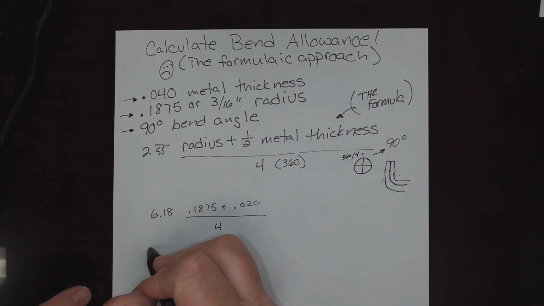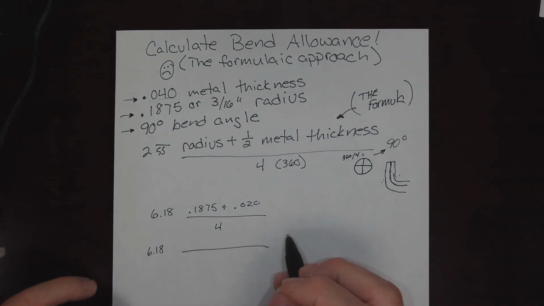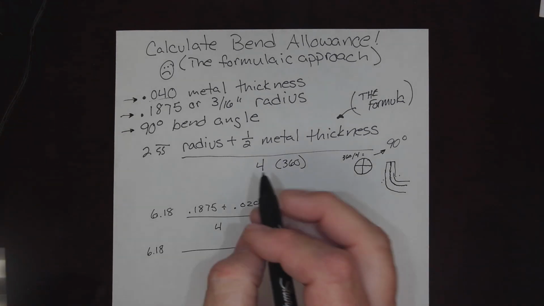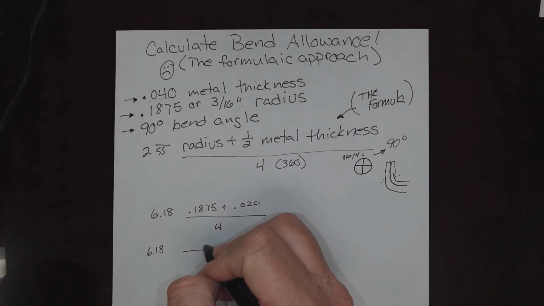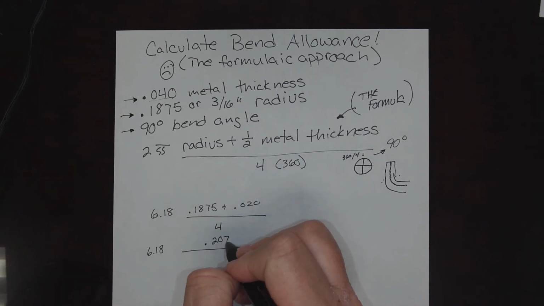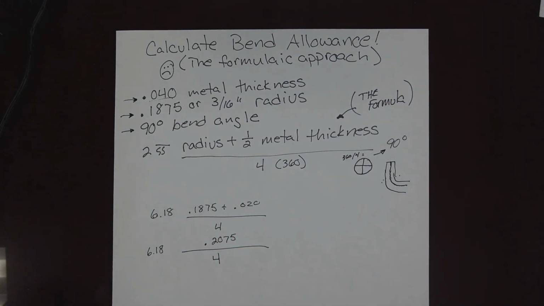So if we drop down and start cleaning this thing up, let's see, 0.1875, you do the math, stop as you need to, plus 0.020. Well, that equals 0.2075. We're still going to have to divide all that by 4.